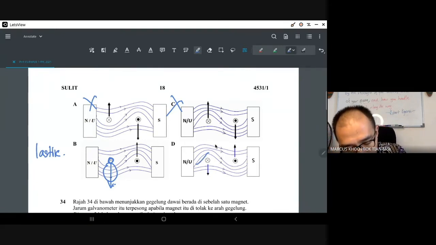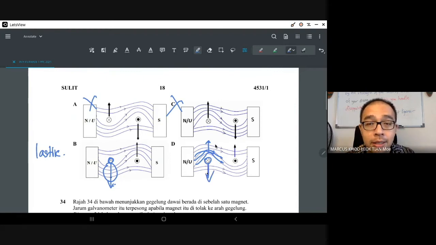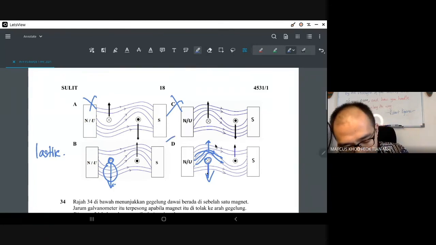So the elastic should be here, because this is like you pull backwards so that the stone can be thrown forward. That is how I remember the elastic field, the catapult field. The elastic must be directed opposite to the direction of motion. Okay, so the answer will be D.